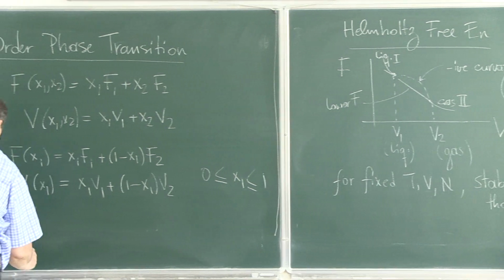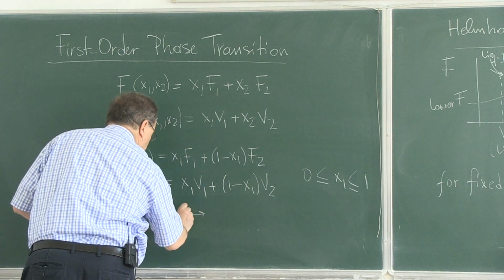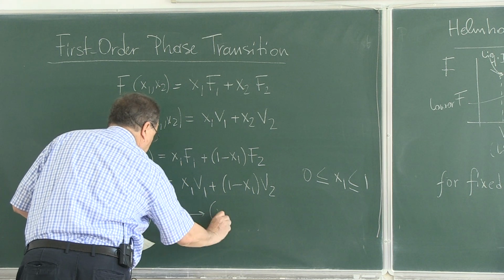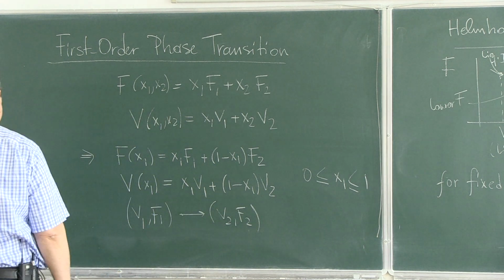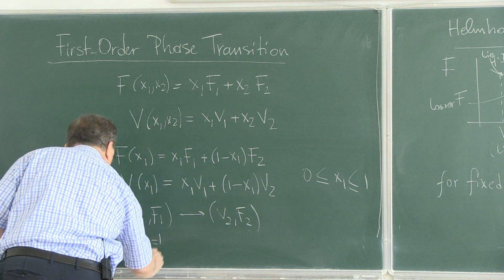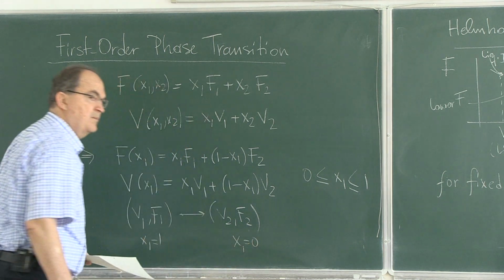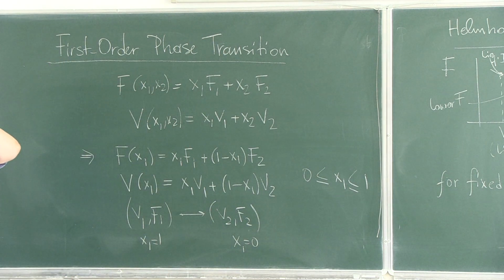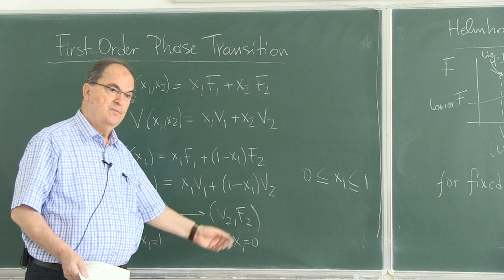From phase 1, that means V1 F1, to V2 F2, phase 2, isn't it? You go from one to the other. Here x1 is 1. Here x1 is 0, isn't it? x1 is the fraction in phase 1. This is all phase 1, that is all phase 2.